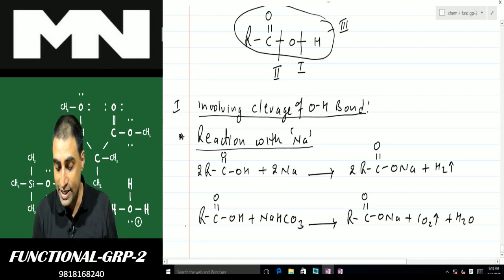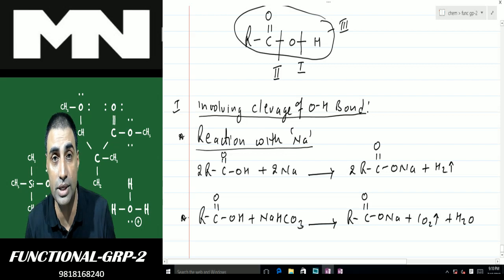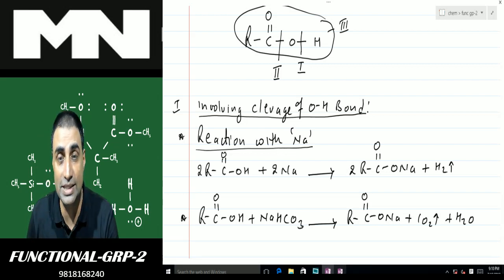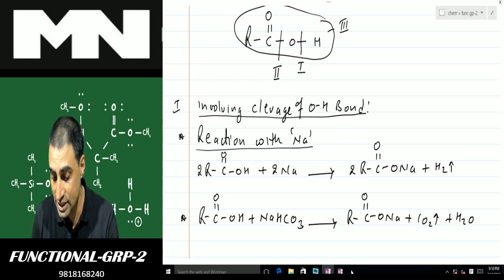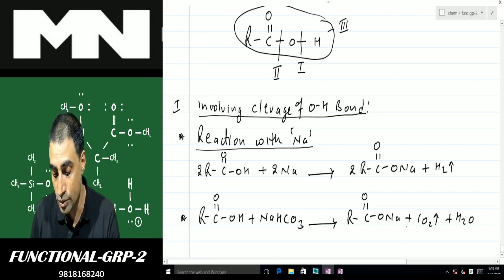Well, this second reaction is used as a test to detect the presence of the carboxylic group. Whenever we react a carboxylic acid with sodium bicarbonate, we get effervescence of CO2. So this is the reaction in which we are getting effervescence of CO2, and this reaction is used as a test to detect the presence of the carboxylic group.